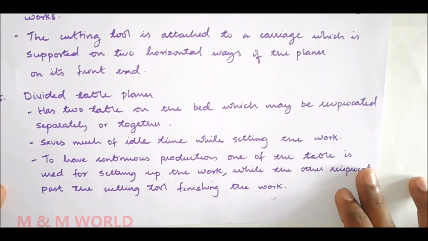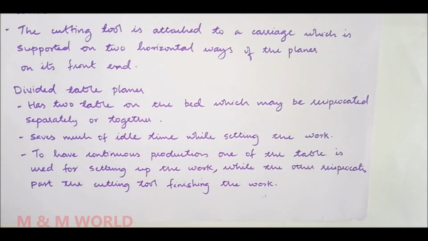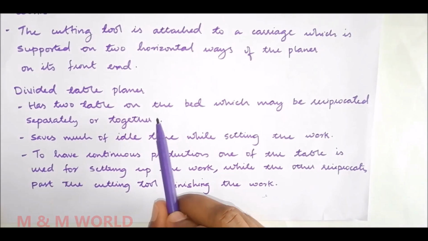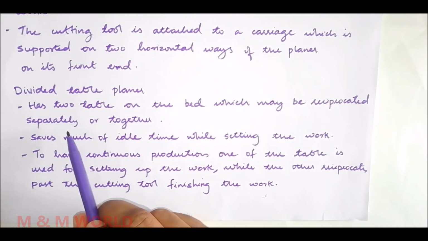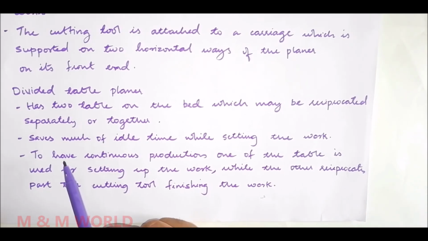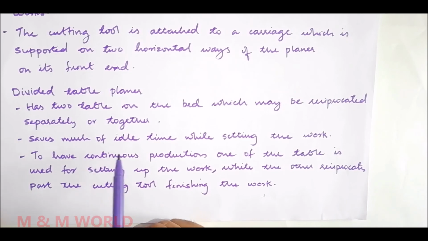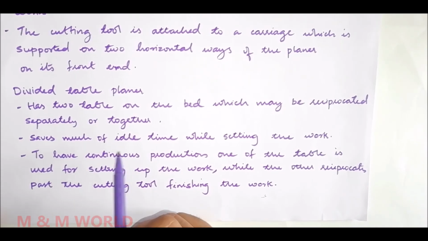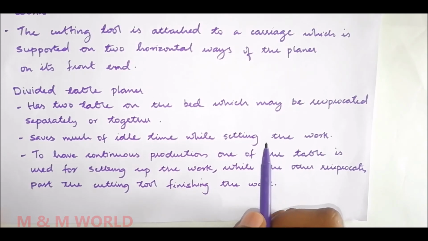And the last one is divided table planer. This type of planer has two tables on the bed which may be reciprocated separately or together. This type of design saves much idle time while setting the work.